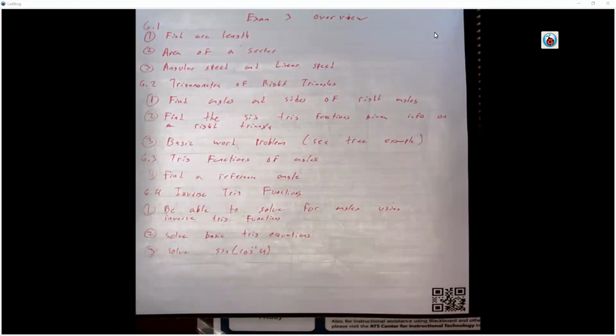6.5 is law of sines, so I'll do that on the next page. Just a sec. Got that cool on this page. Yeah, no rush.